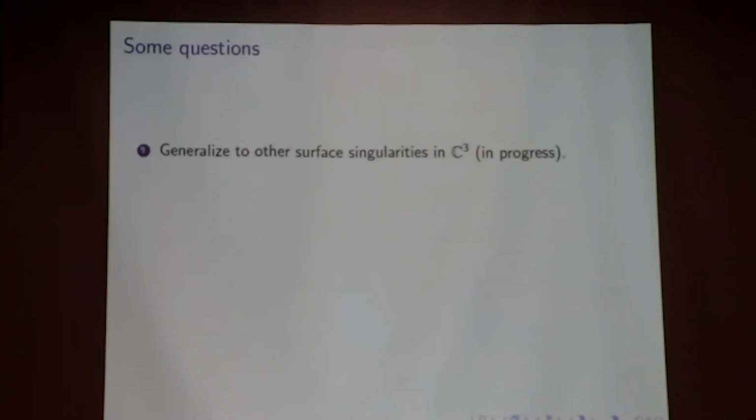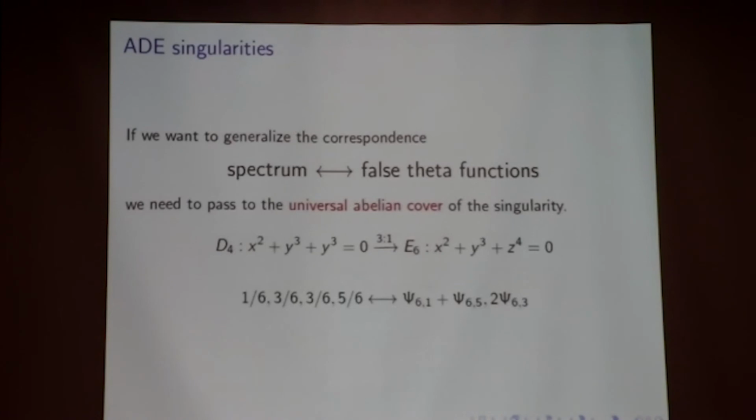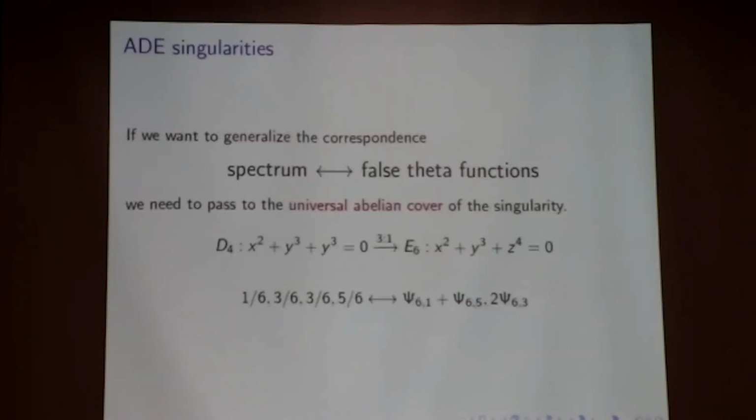Yeah. So I just want to finish with some questions. I actually mentioned some of them already. One thing is to generalize to other singularities. The next step would be the Arnold 14 exceptional singularities, because they are very similar to ADE. But the problem is that it's not really clear to me, this business with multiplicities.